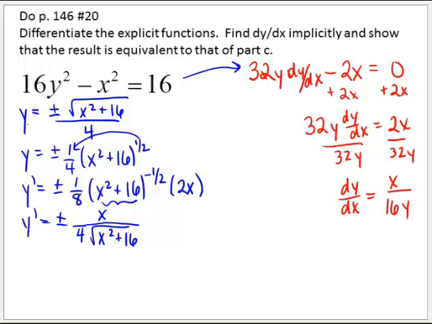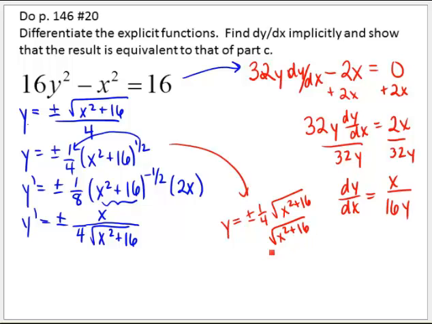Now you guys are looking at this and saying these aren't the same. But they truly are the same. I'll show you why. If I go back to this explicit form before I took the derivative, I notice that it says 1/4 the square root of x squared plus 16. I'm going to solve for the x squared plus 16 part.